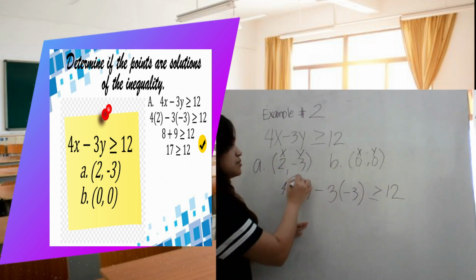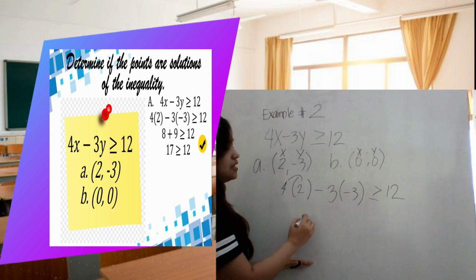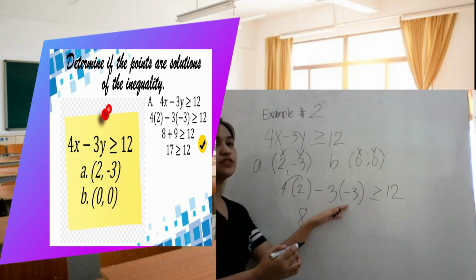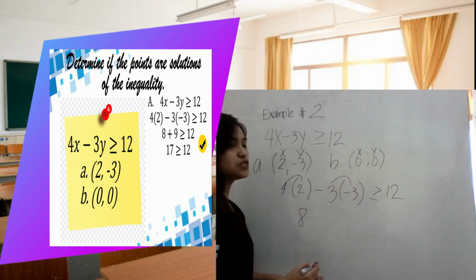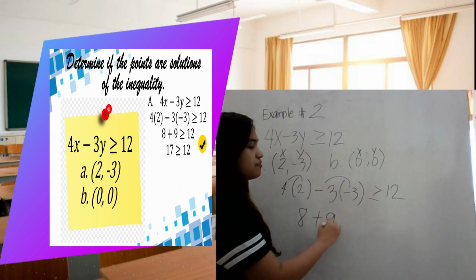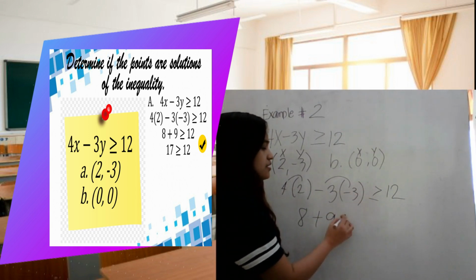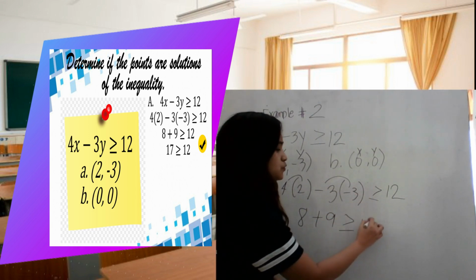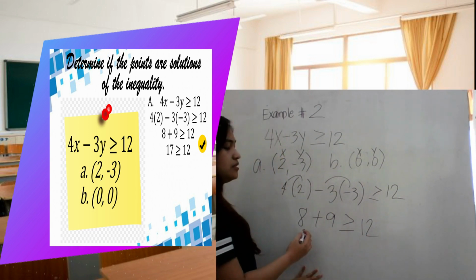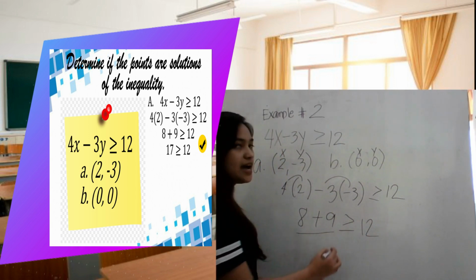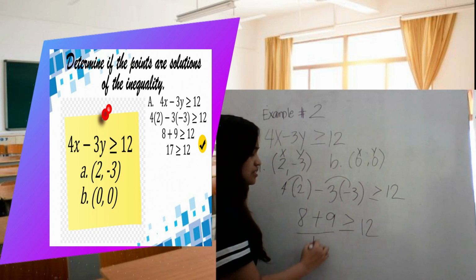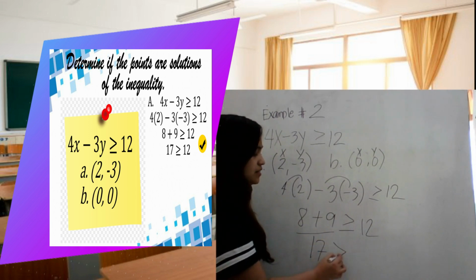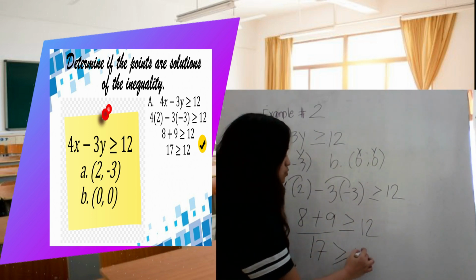Okay? And then 4 times 2, the answer must be 8. Negative 3 times negative 3, the answer would be positive 9. And greater than or equal to 12. Then, add 8 and 9, the answer must be 17 is greater than or equal to 12.